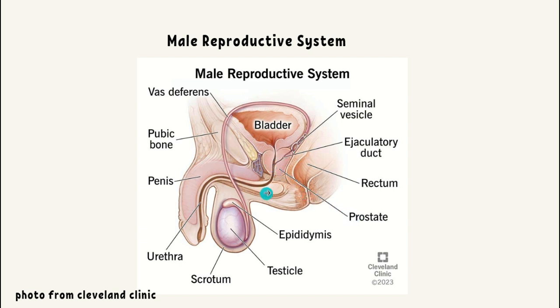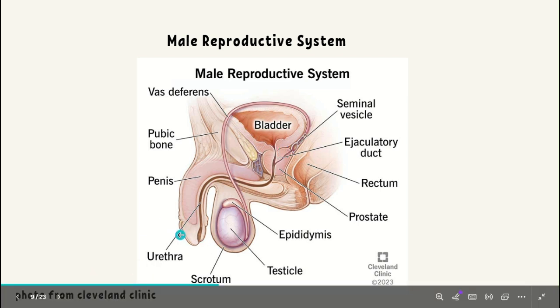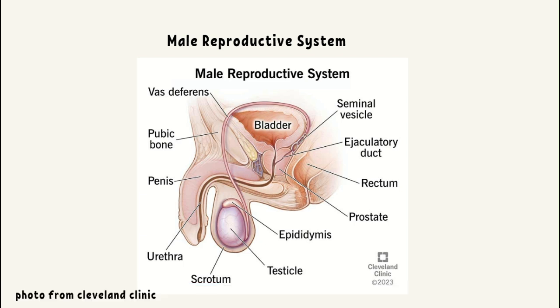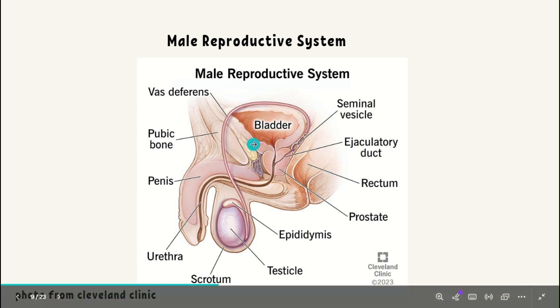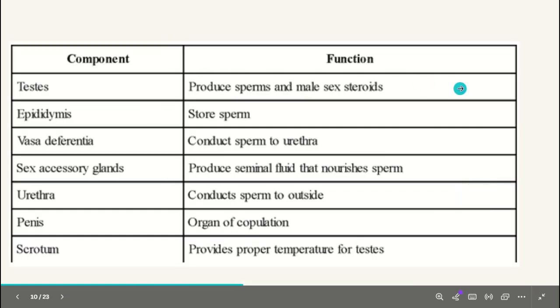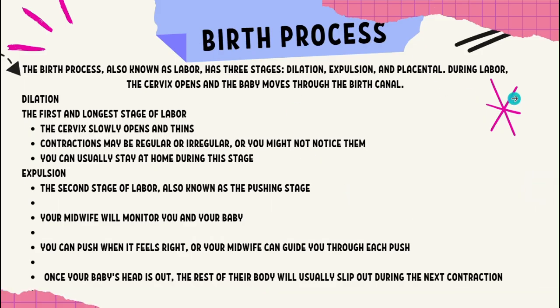We're saying that the prostate adds fluid to the semen right here, and then the scrotum is just a sack of skin that holds the testes and helps to regulate their temperature, right? And then this is pretty much self-explanatory, right? It's basically the opening where urine, semen, everything passes through the penis. So basically those are the functions, and then now the birth process.